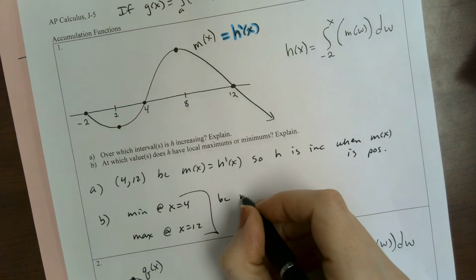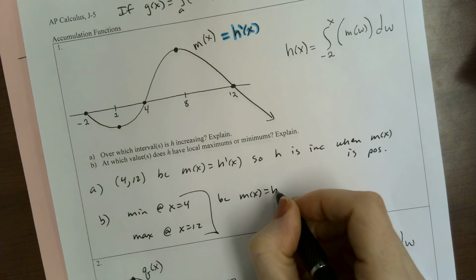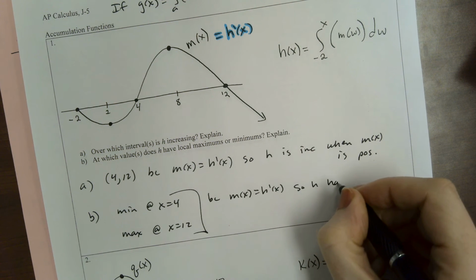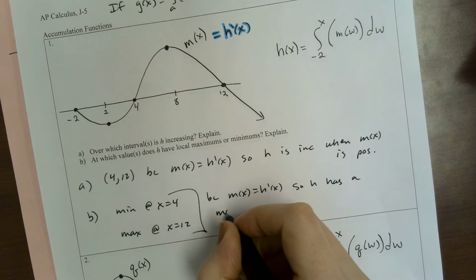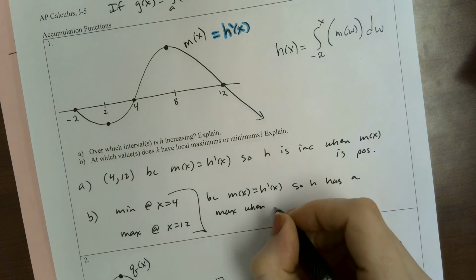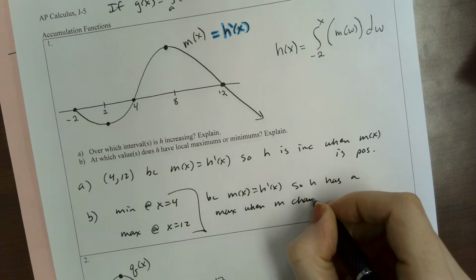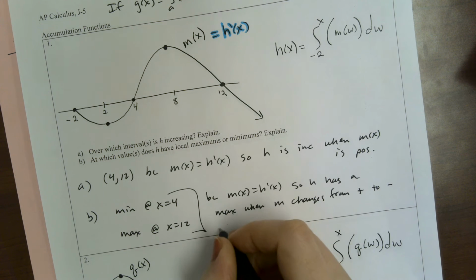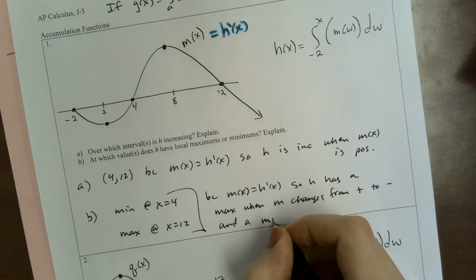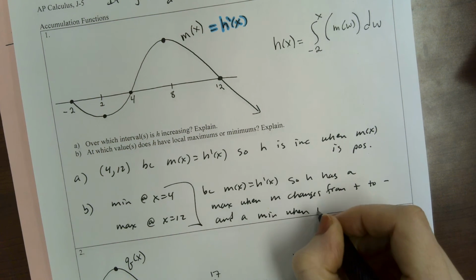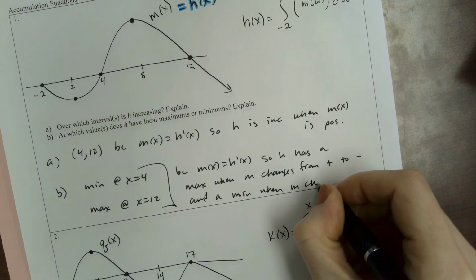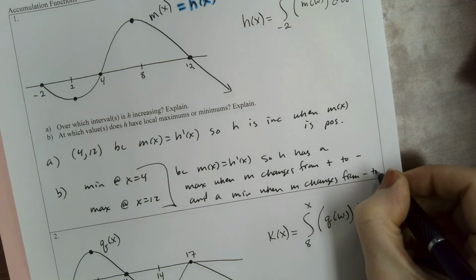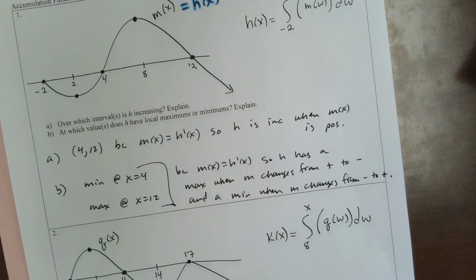And then I'll say because, again, m of x is h prime of x, so h has a max when m changes from positive to negative, and a min when m changes from negative to positive.